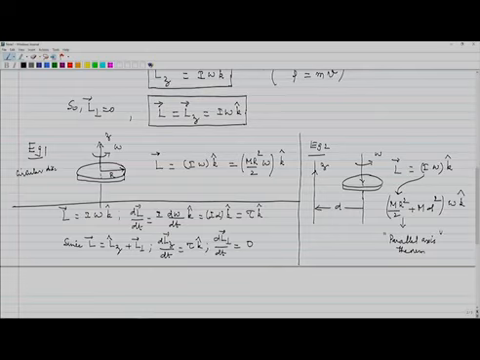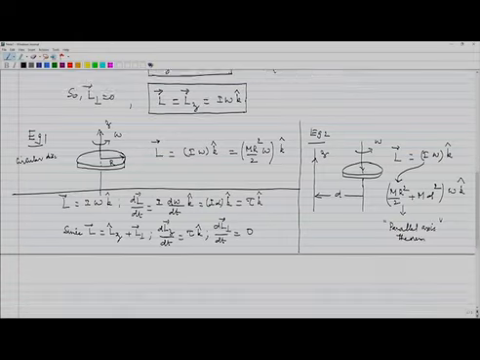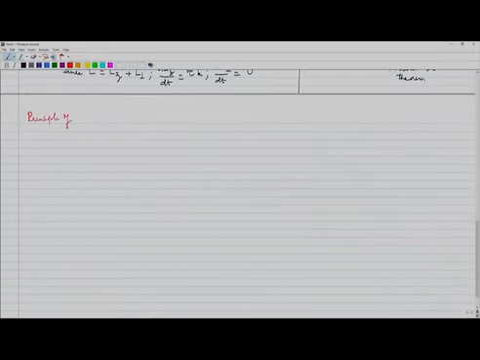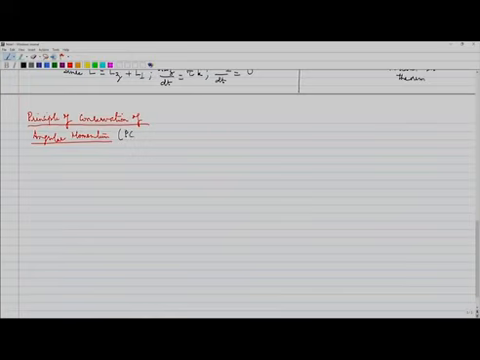Now this gives rise to the principle of conservation of angular momentum, generally abbreviated PCAM.